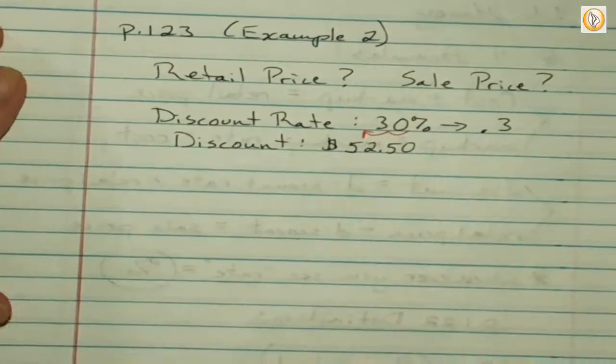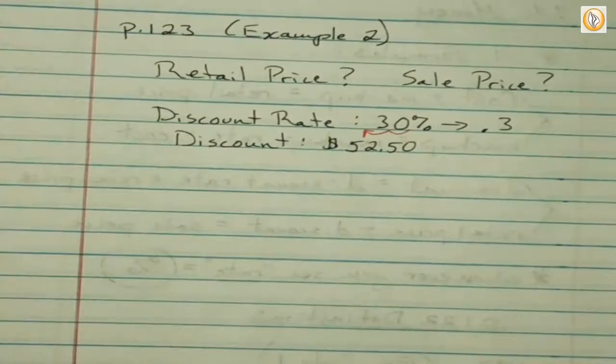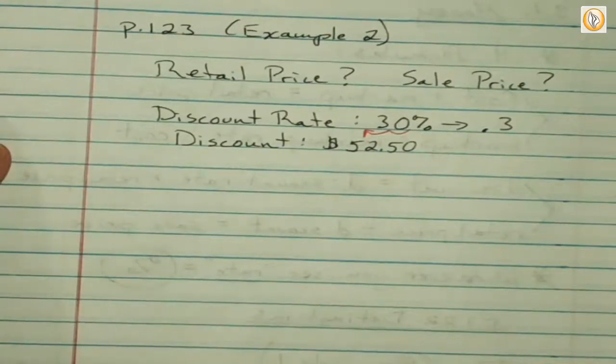He saved $52.50. Emily bought an apple from Witt when it was on sale. She saved 25 cents because she bought it for 75 cents. That's the sale price. The retail price was $1. So she saved herself 25 cents.